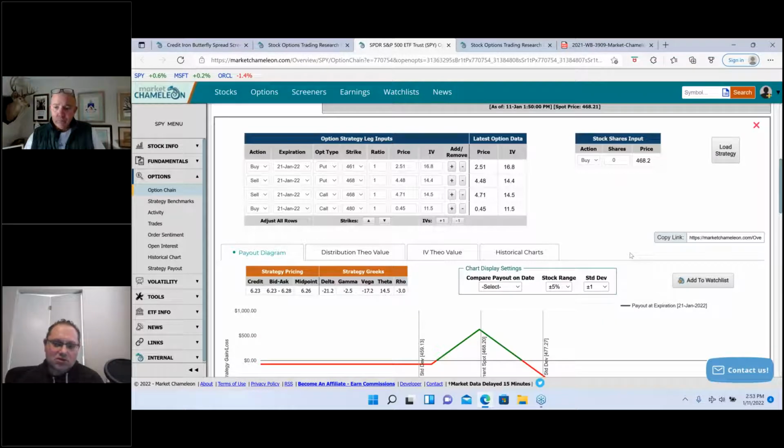There are too many different variables, too many different ways to set that up. A butterfly is kind of simple in the sense that it starts out with a strike, say at the money, and then you go out to the wings. So it's a little bit more simple.